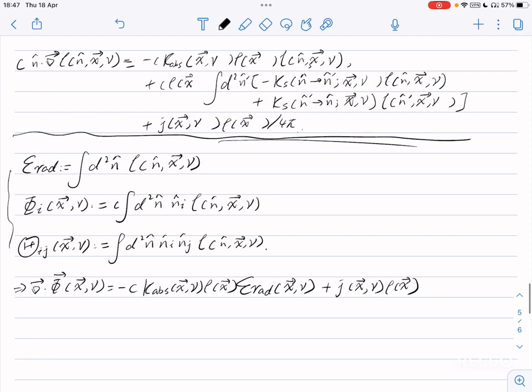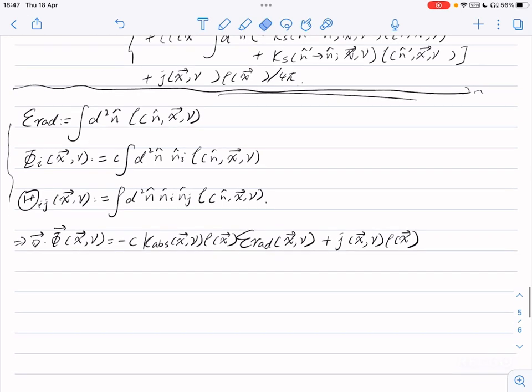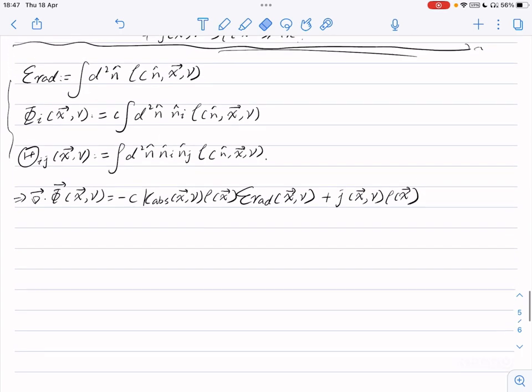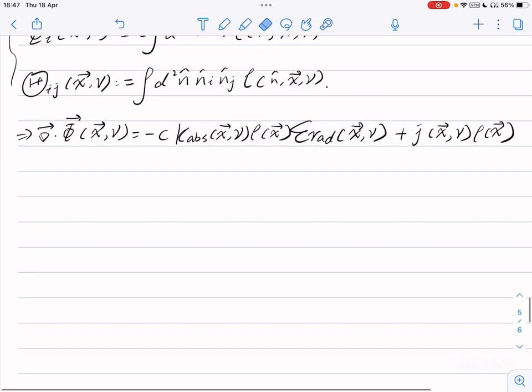Notice that the integrand of the scattering term is antisymmetric under exchange of direction n and direction n prime. So if we integrate the whole equation over the direction n, this term will vanish. So we obtain this important equation.